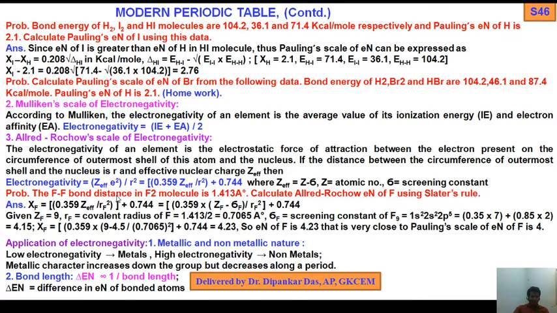Now a problem. The F-F bond distance in the F2 molecule is 1.413 angstrom. Calculate the Allred-Rochow electronegativity of fluorine using Slater rules.